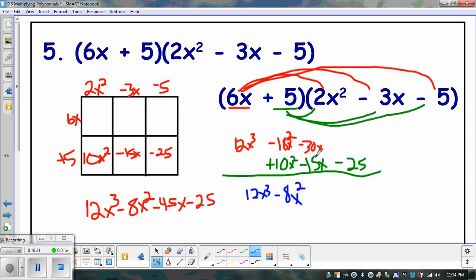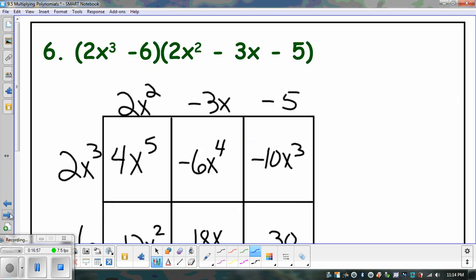So doing that again, they're both negative here. Negative 30 and negative 15 is negative 45x. And that lone constant on the end just stays minus 25. You will notice both of our answers, whether we use the box method or we use the distribution method, we still arrived at the same answer. Take a moment and make sure you're good with that.